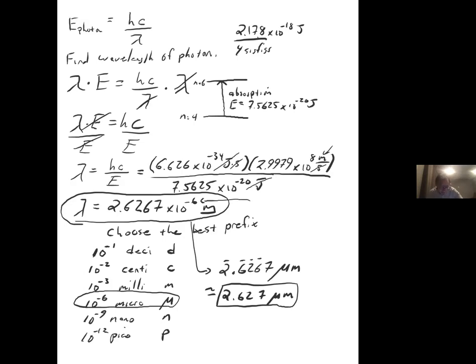But now we know the wavelength of the photon is approximately 2.63 micrometers, which is what we would call microwaves. So when the electron goes from the n equals 4 level to the n equals 6 level, it would be microwave radiation that gets absorbed by the atom during that process. Micrometers is typically microwaves.